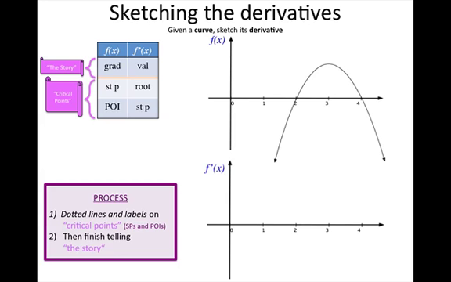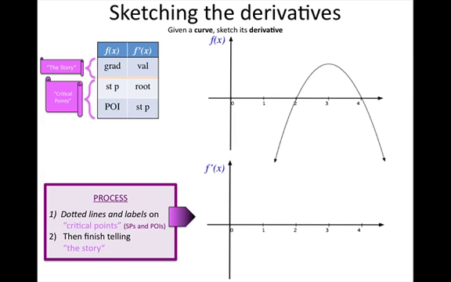It's normally that first line or that first sentence, the couple critical points that will give you an indication of what's going on. So let's first see what's going on, and then in part 2 we'll finish telling the story. So we'll use the grad and the val. So does that make sense? We start with the critical points, and we do dotted lines and labels on those, which you'll see, and we then finish telling the story.